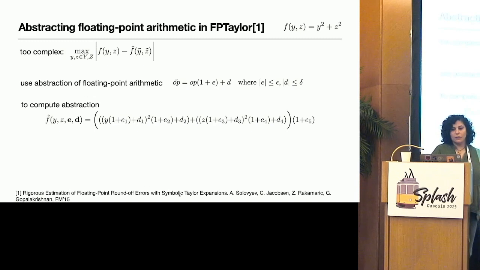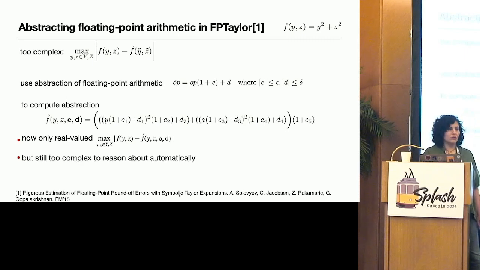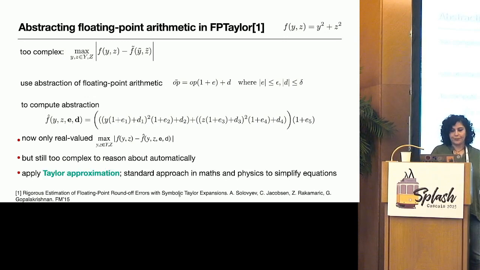So we apply this rounding model on the floating point function f, and we abstract it into the real valued function f hat. So now our computation is entirely real valued, but it's still too complex for optimization tools to handle. And FPTaylor, to reduce this complexity, applies Taylor expansion on the floating point abstraction of function f.